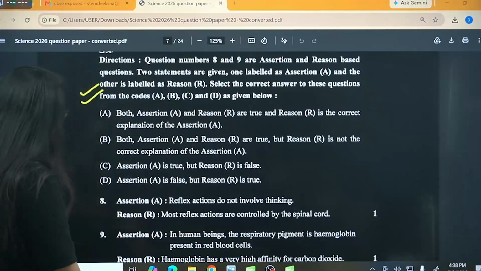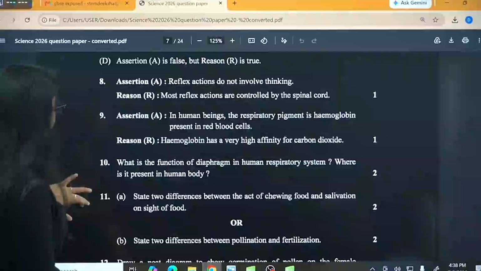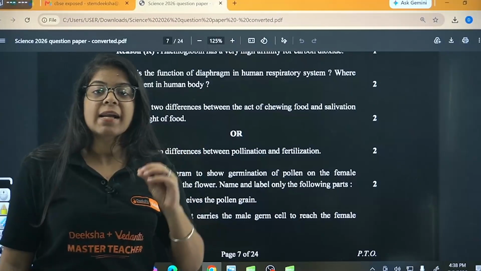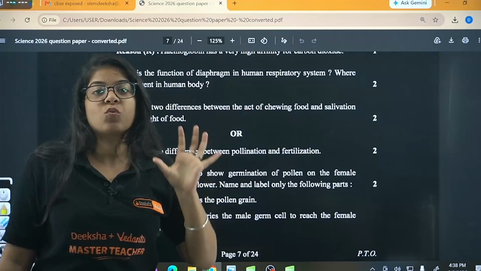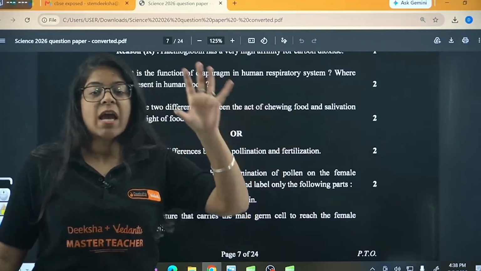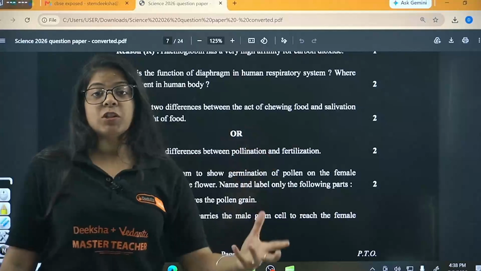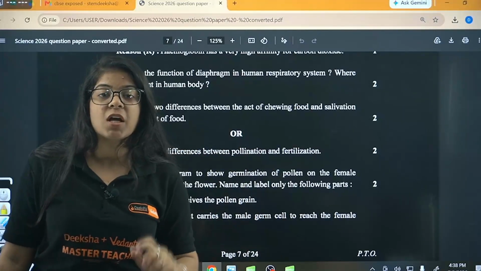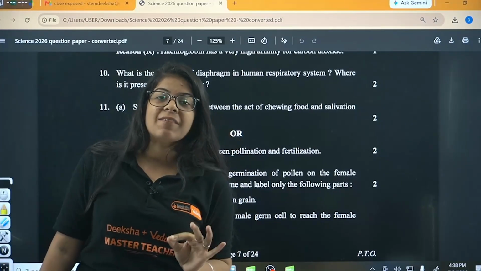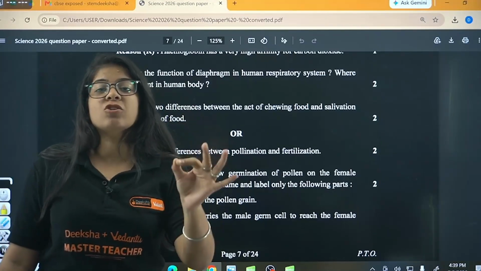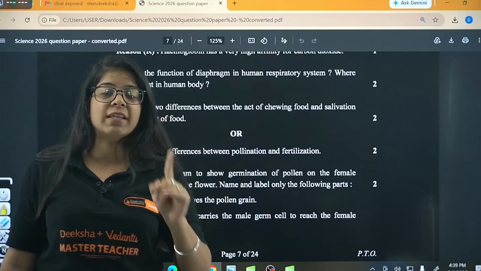No. Assertion reason questions can be a little bit tricky, and you have to read them carefully and then reach a conclusion as to what they are asking. If assertion aligns perfectly with the reason, if reason is false, assertion is false, if both are true but not the correct explanation of each other, you have to revise them together perfectly, and we will do that in our live sessions. So make sure you are subscribing to this channel and joining the live sessions.